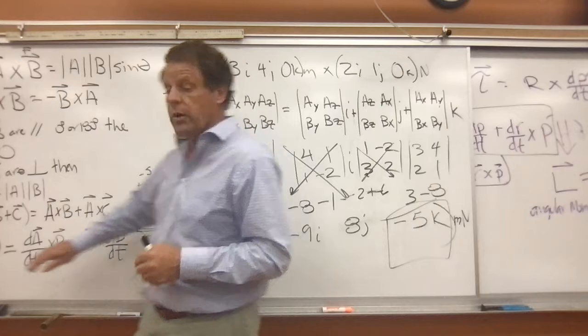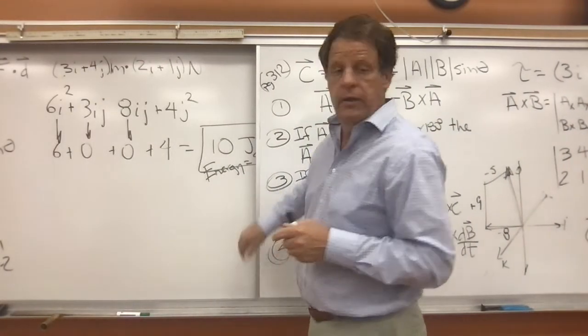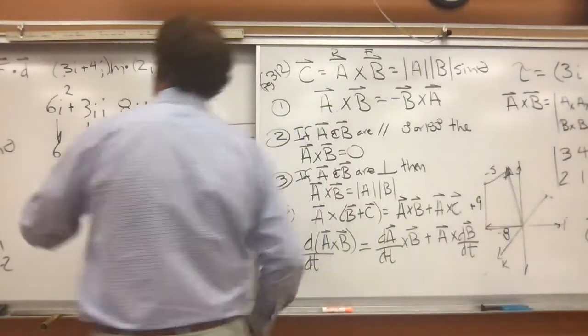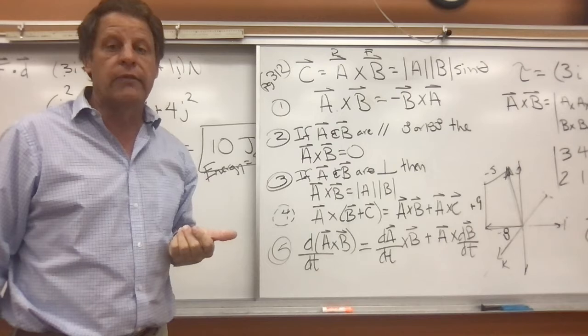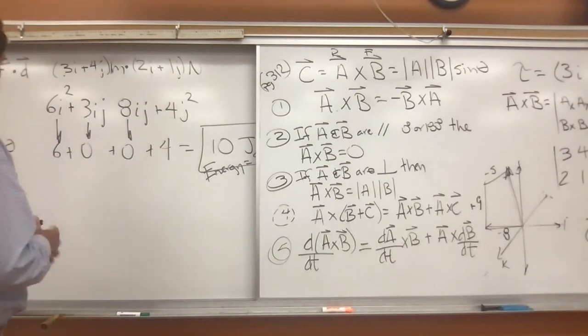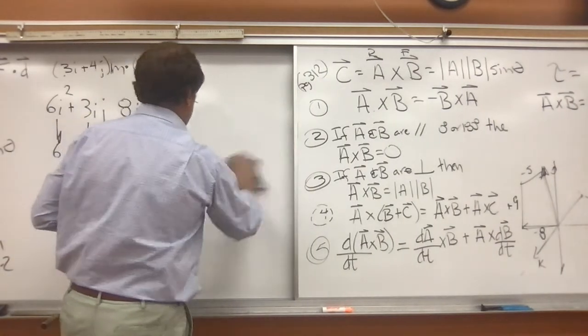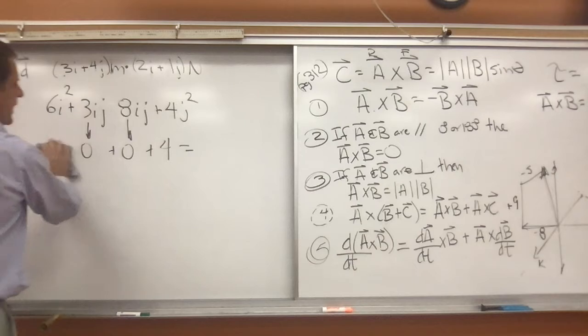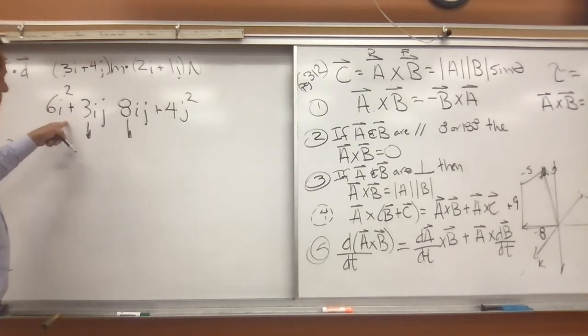So we go back to our original, and we can see that we have a 3, 4 and a 2, 1. The same sorts of things, except now we're getting rid of the K. When we do this absolute value, we still have this 6i squared, which is going to be 0.